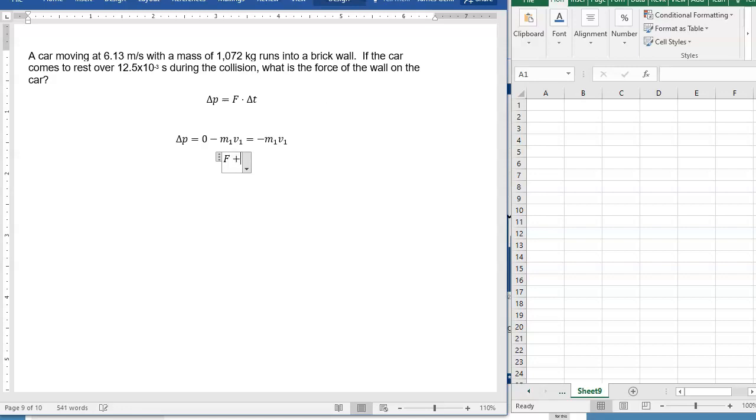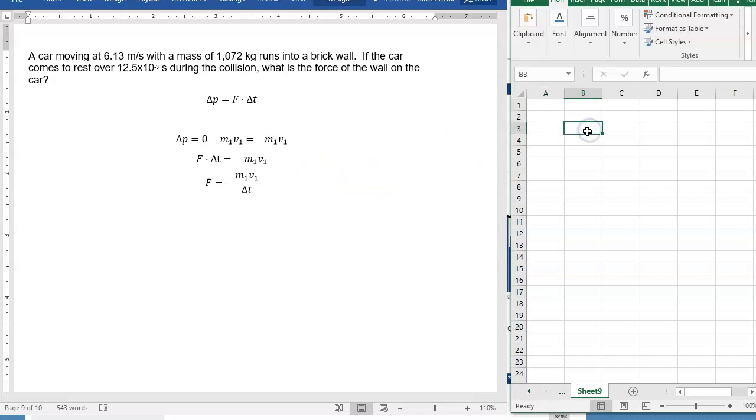And so force times delta t is minus m1 v1, and I forgot the t. And we solve for force, so minus m1 v1 over delta t. And we know delta t because delta t is 12.5 times 10 to minus 3 seconds. We know m1, we know v1.